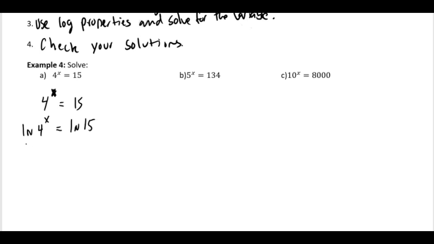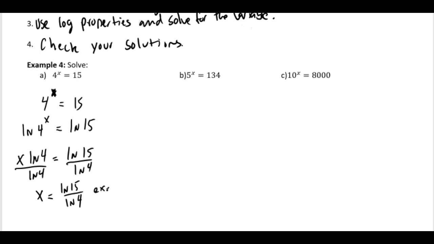So here I get natural log of 4 to the x equals natural log of 15. I can take my exponent to the front using the power rule. And I'm trying to solve for x, so I'm going to divide by natural log of 4. So x is equal to natural log of 15 divided by natural log of 4.